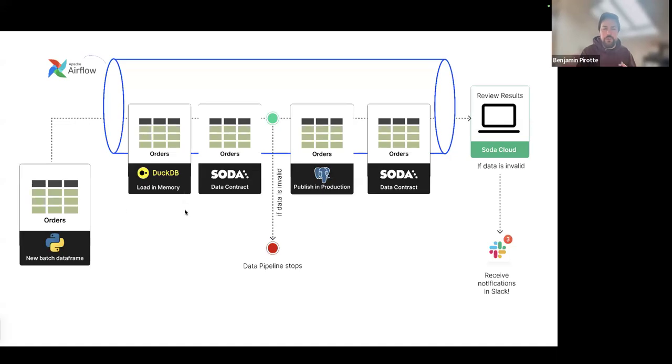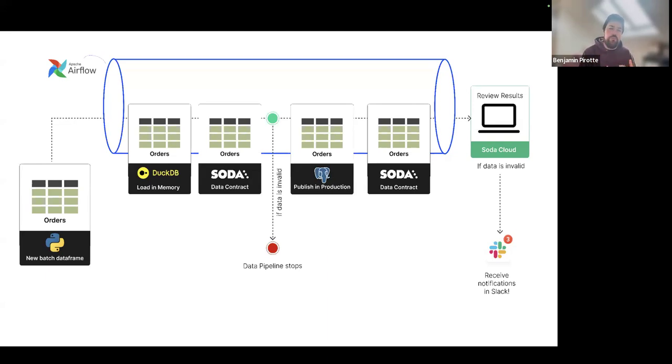In this use case for the demo, let's imagine that I have an orders table which exists in Postgres, and that every now and then I have an Airflow pipeline which is going to take a new batch of data and publish it into my production Postgres orders table. What I want to do is make sure that this orders table, which has a few columns, always has good quality because it's being used by some downstream systems.